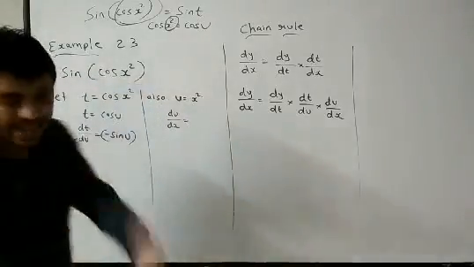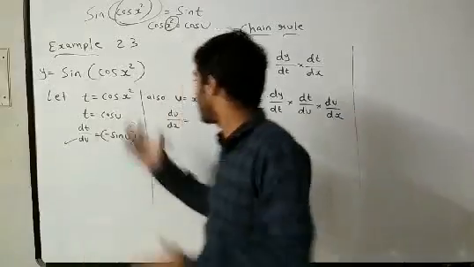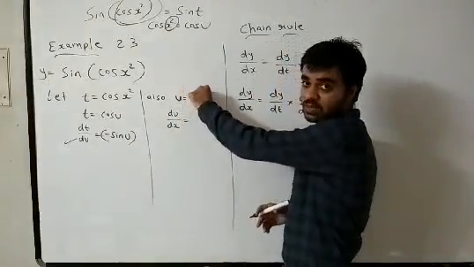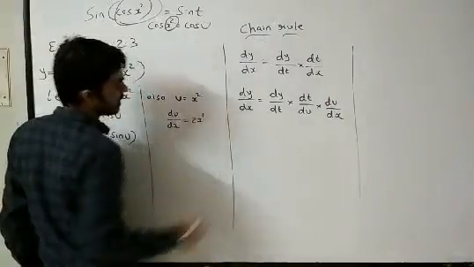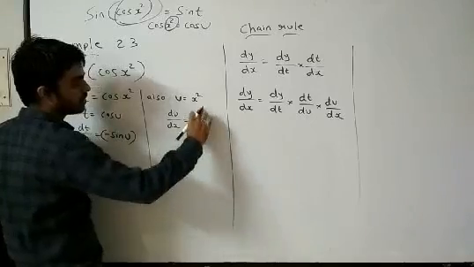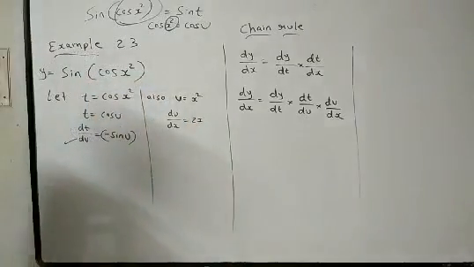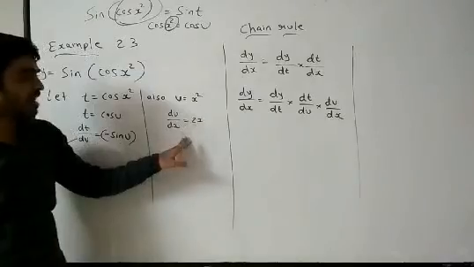The derivative of x power n is n into x power n minus 1. Here n is equal to 2, so 2 into x power 2 minus 1, that is 1. So 2 into x power 1, that is 2x. So du by dx we have also got.